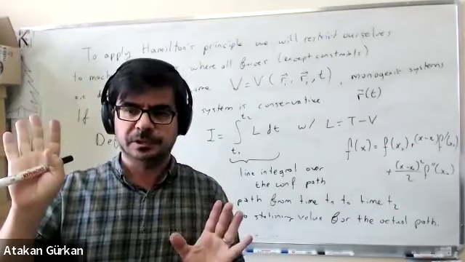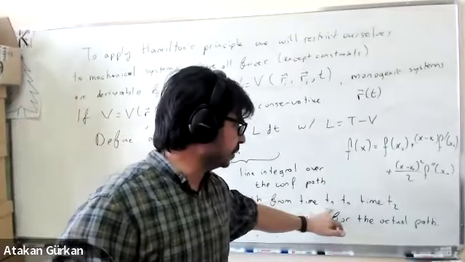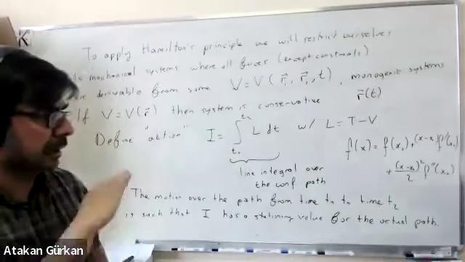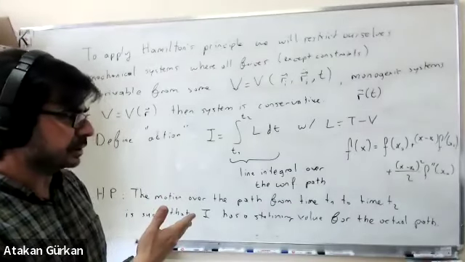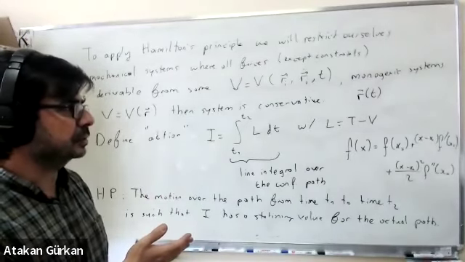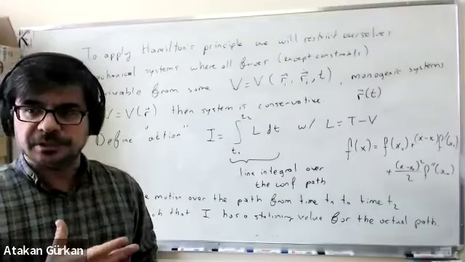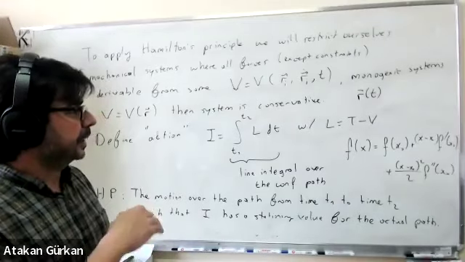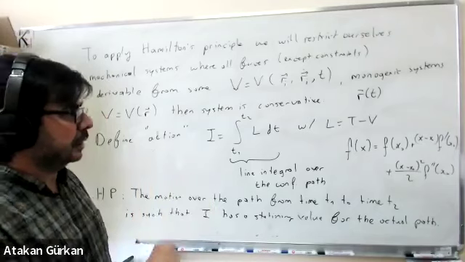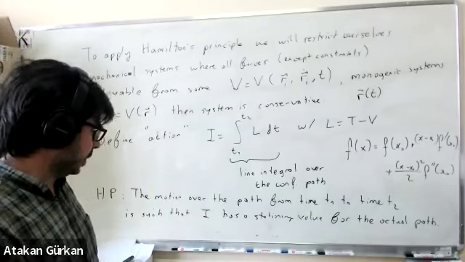But the endpoints cannot change. So it has to go from some time t1 to some time t2. And again, this is important, and it's an assumption we are going to use. It's also physically important, not just mathematically. But again, if this is not clear, I hope the examples are going to help.